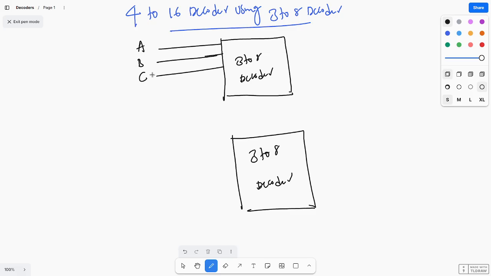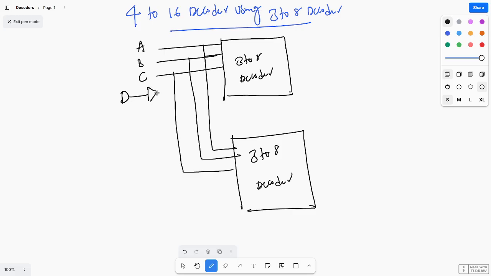Let us take A, B, C, given like this. And let us take this D input, which is given through an inverter to the enable pin of one decoder, and here directly to the enable pin of the other.